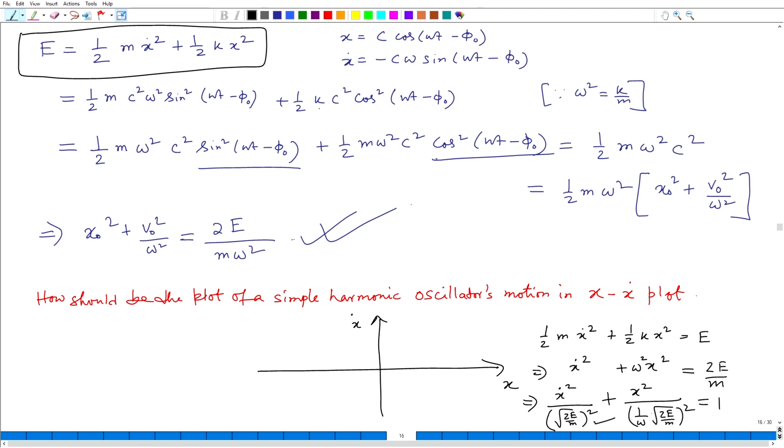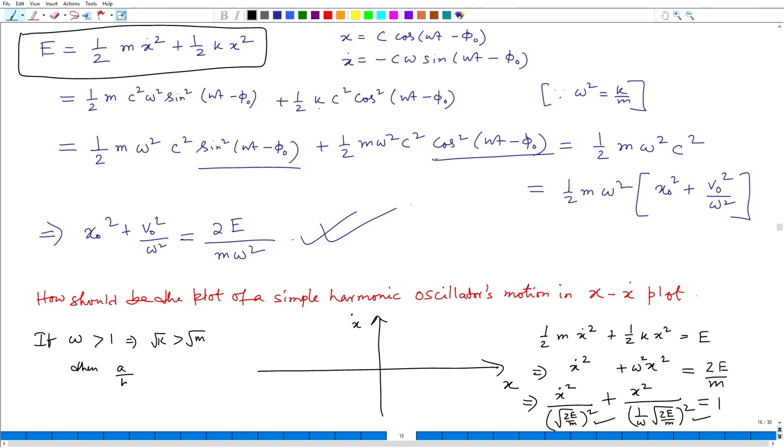Now, which one will be the bigger one? Of course, you understand that there is a 1 by omega factor. So, if omega is greater than 1, that means root k is greater than root m, right.